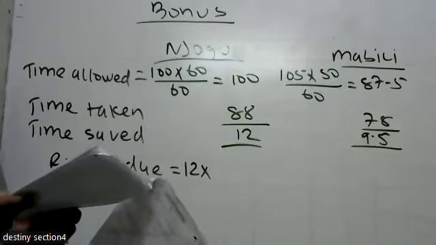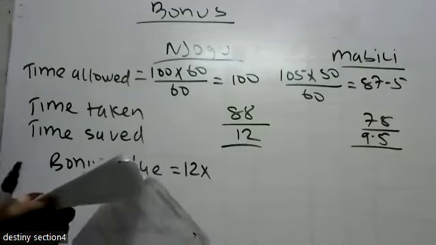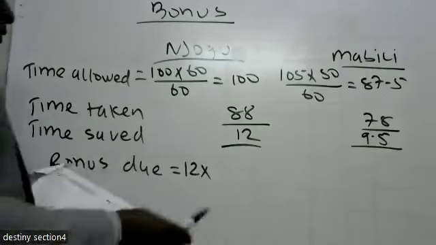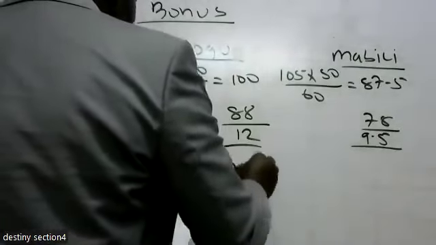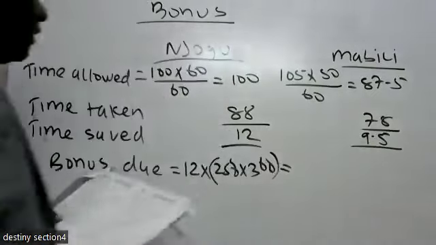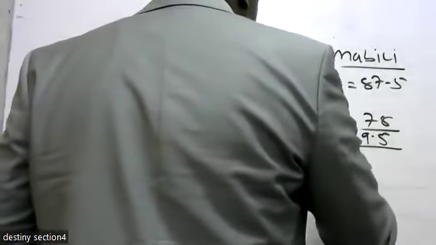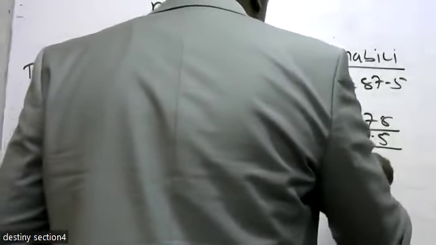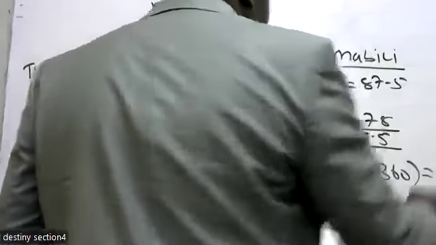The note number 4, for every hour saved, a bonus was paid at a rate of what? 25% of 360. So that will give you the bonus due to Jogo. This one you also take 9.5, then get 25% of 360.